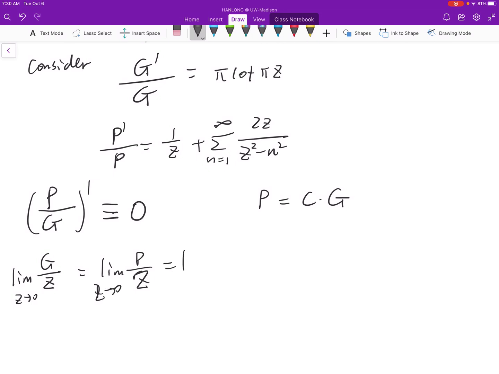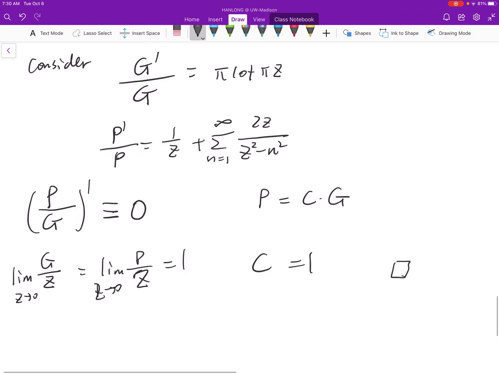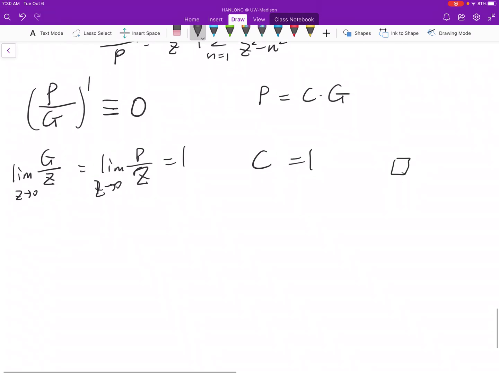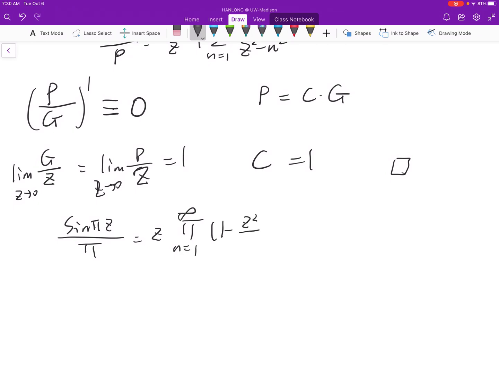This is 1, therefore c is 1. So as a conclusion, we show that sine pi z divided by pi is z times the infinite product of 1 minus z squared over n squared.